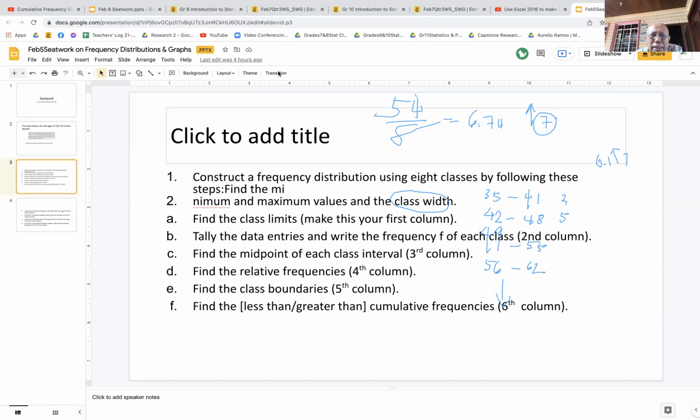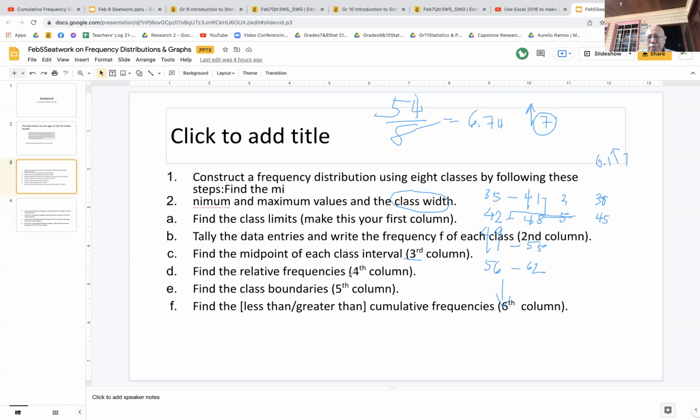If that is 38, you can already get the pattern. Since the class width is 7, you can just add 7 to get the next midpoint. 38 plus 7, you get 45. And so on. That will be your third column.